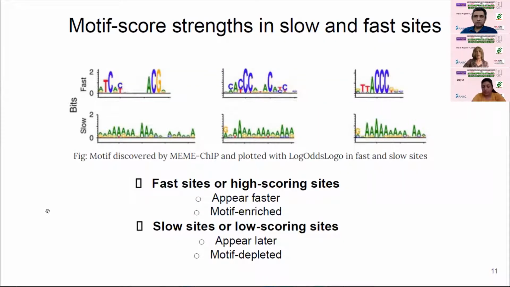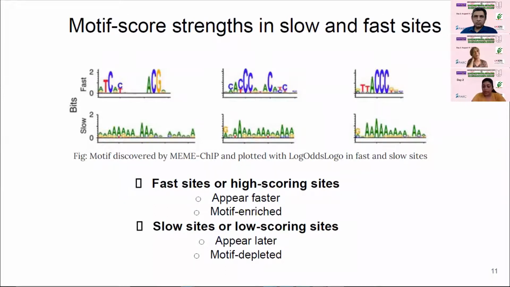The binding sites were predicted for their motif, and the motif scores were studied, and it was known that the sites that appeared earlier in the reaction had a motif enriched for the specific transcription factor for which the binding site came from.